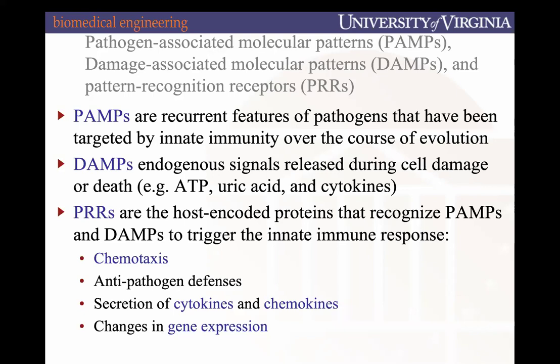Chemokines are not cells. They're signaling proteins that promote cell migration, so chemokines are what promote chemotaxis. And finally, all of this can also trigger changes in gene expression, changes in transcription.